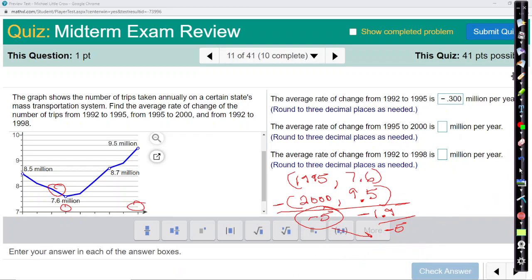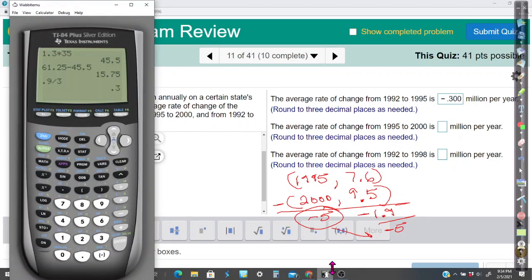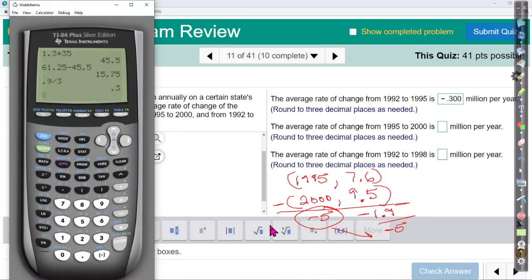So negative is going to make a positive. When I pull up my calculator, I'm going to check all my calculations because I tend to do it all visually or mentally, and I just sometimes make a mistake.